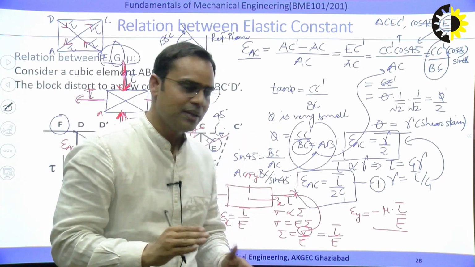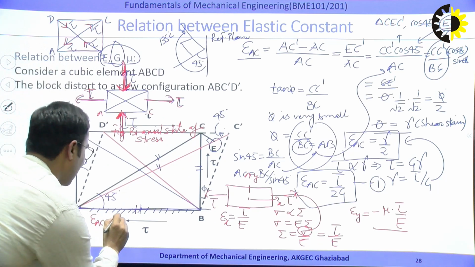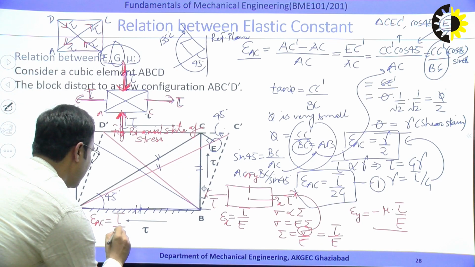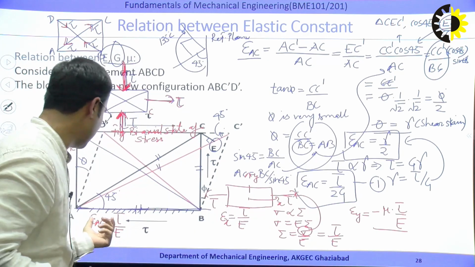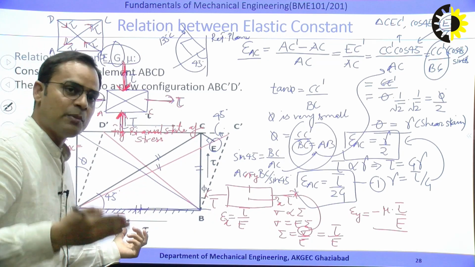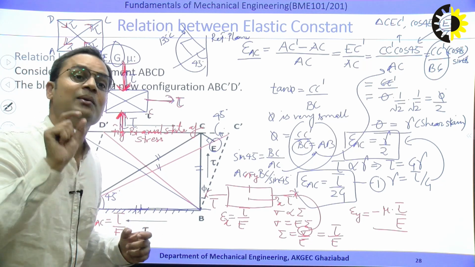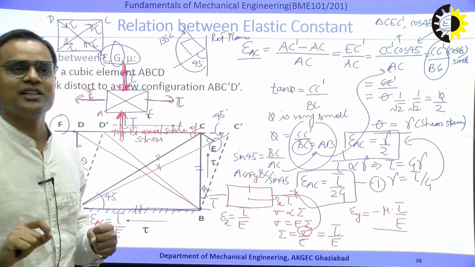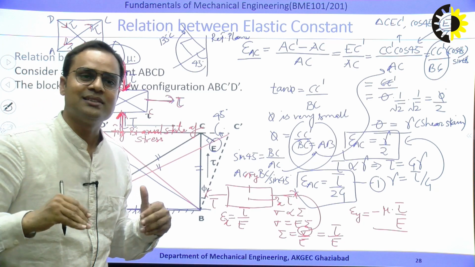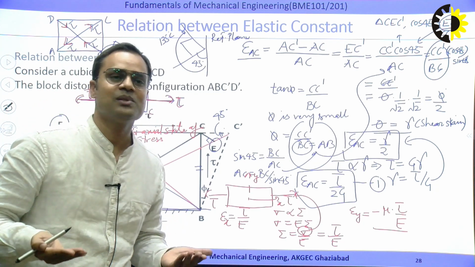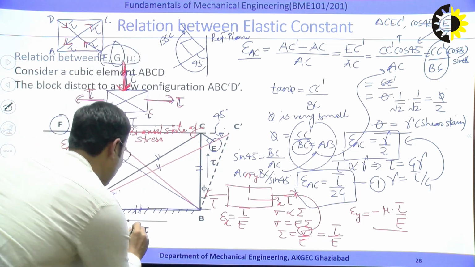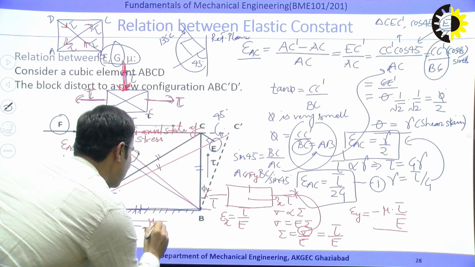Stress upon E. And what is the value of stress? Tau by E. And along BD, perpendicular to AC, what is the value in the BD direction? That is the lateral strain. And what is the value of lateral strain? Minus mu times longitudinal strain.